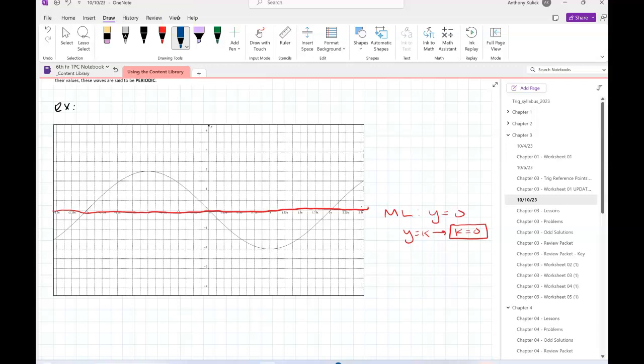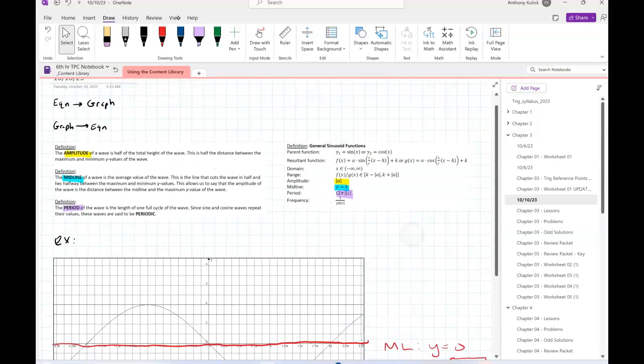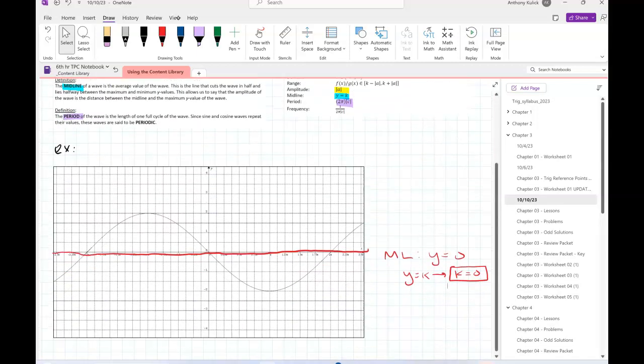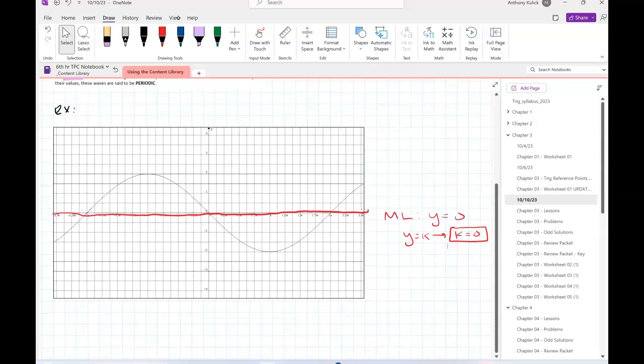Okay. The next thing I'm going to look for is the amplitude. Our definition says the amplitude of a wave is half the total height of the wave. It is half the distance between the maximum and minimum y values. So that's the same thing as the distance from either a max or a min to the midline, right?